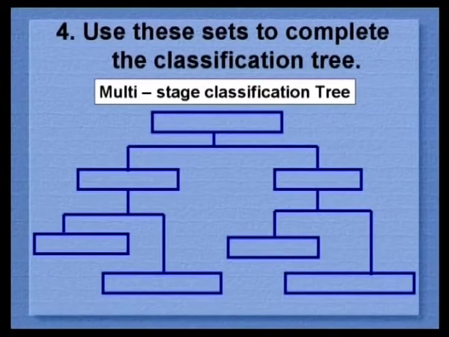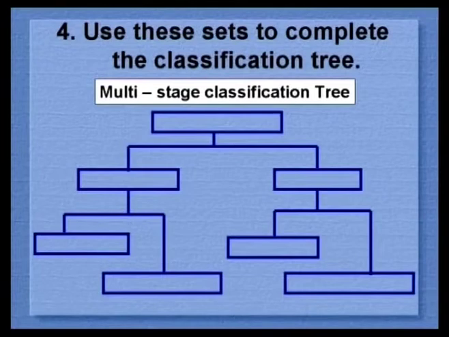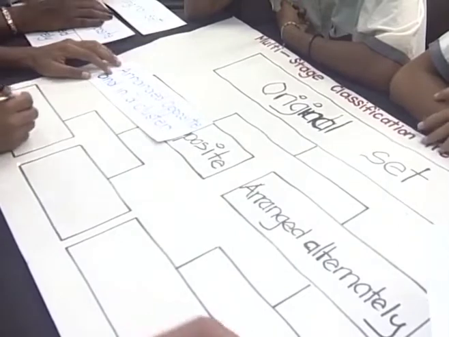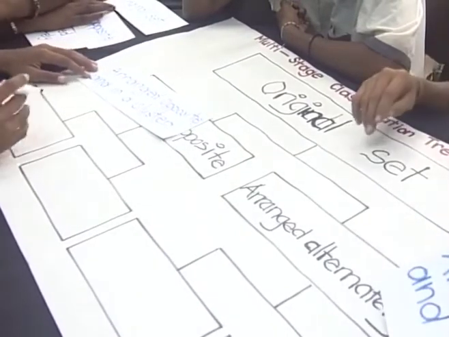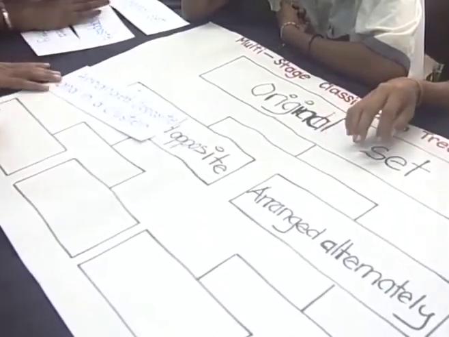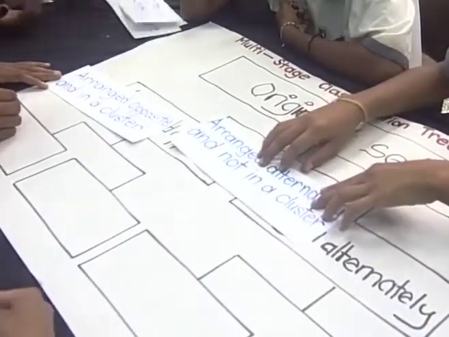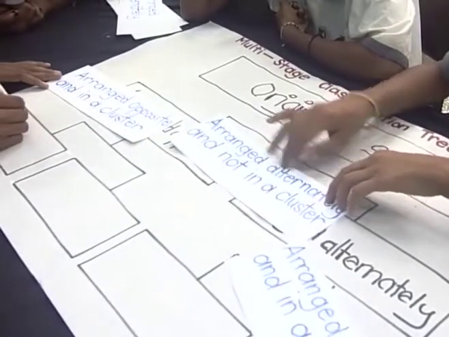How are we going? Jack, what's wrong? We should be all finishing now with our tree, classification tree, filling up all those boxes. Can this one go here?